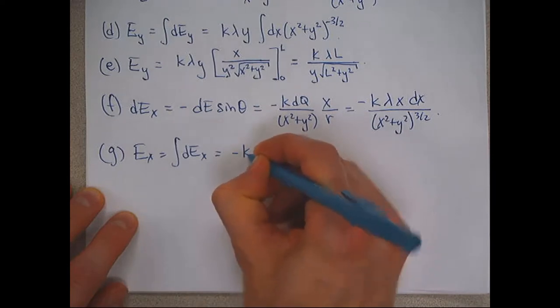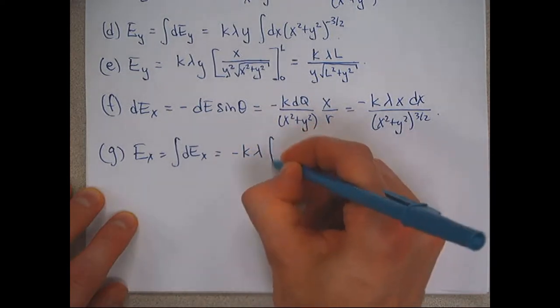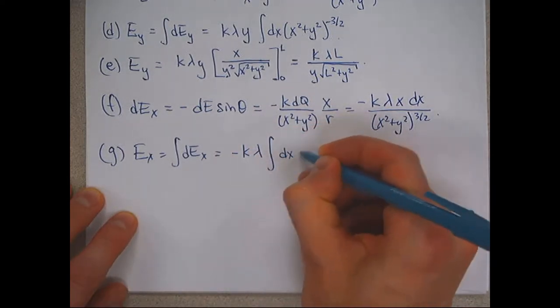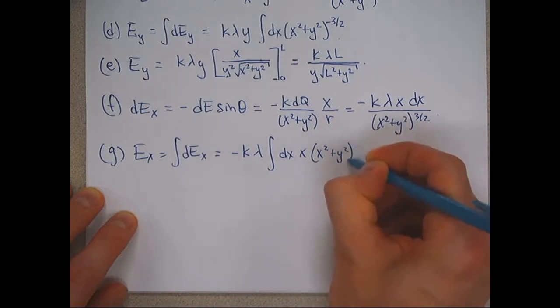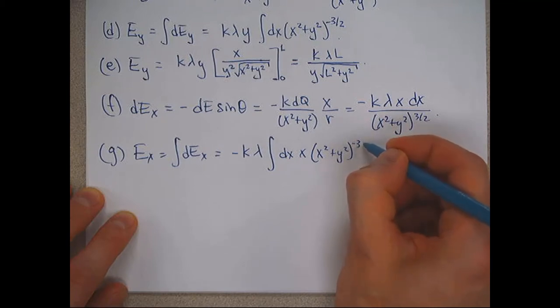So we have minus k lambda integral dx x squared plus y squared to the minus 3 halves.